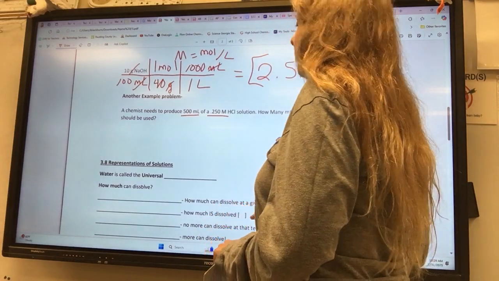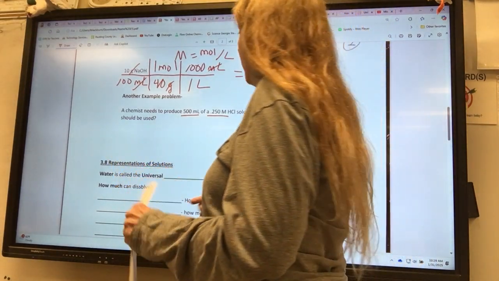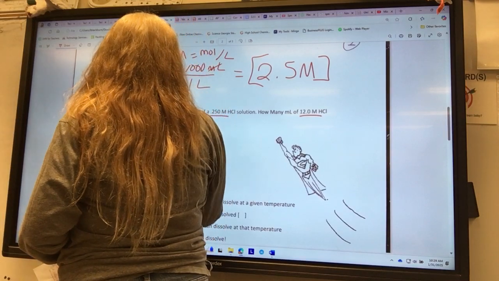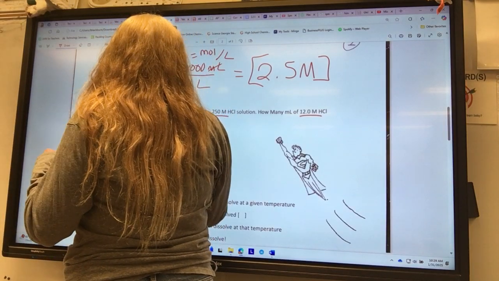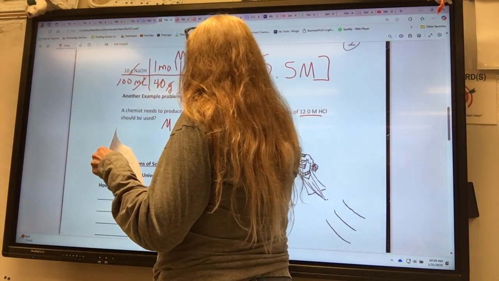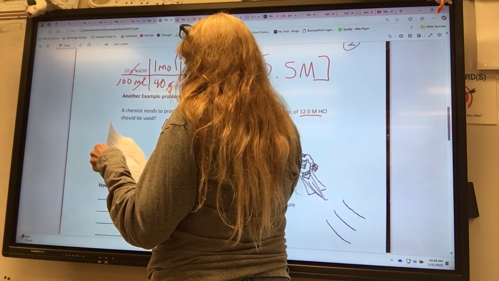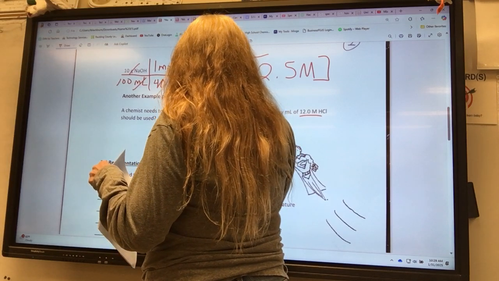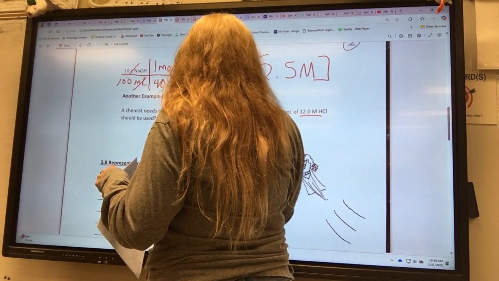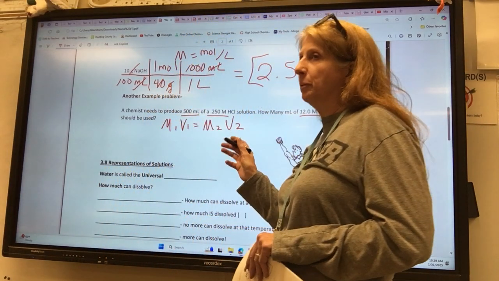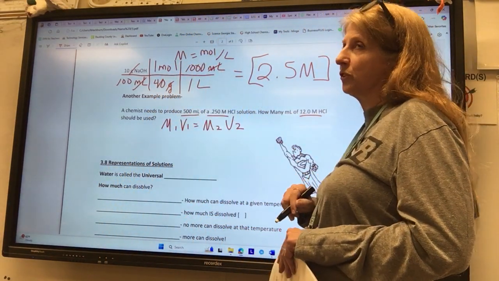Okay, here's another problem, and there's really a shortcut to this one. If you have your first concentration and your first volume, you can set it equal to the second one, and if you're missing one of these things, you just put it in this formula and you get the answer. So here's our problem.